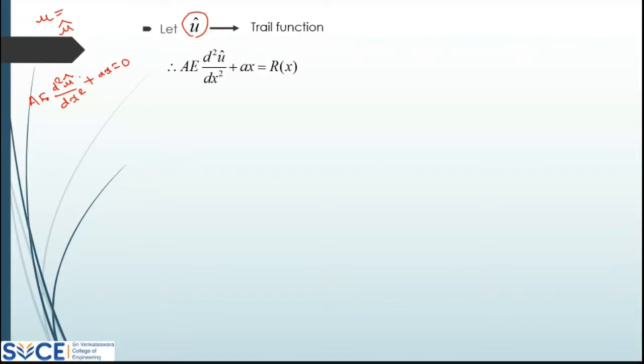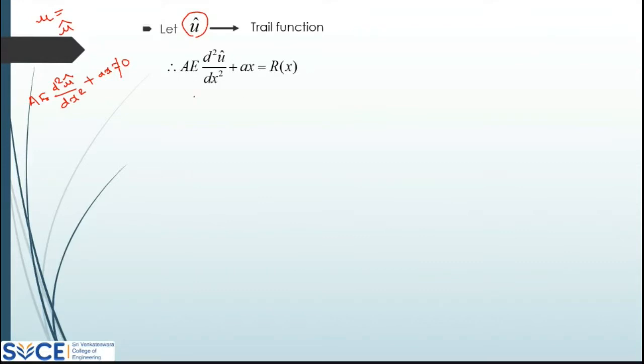It is not equal to 0, because I say some value is your answer, surely you will get an error. That error we call as R of x. After I am substituting, I am getting this R of x.